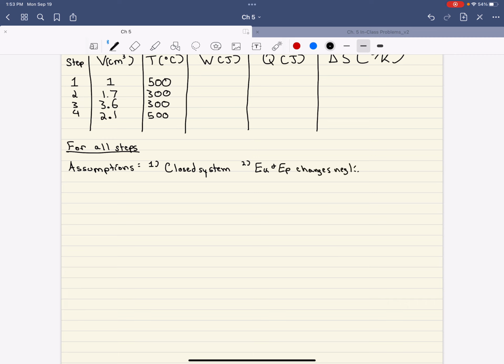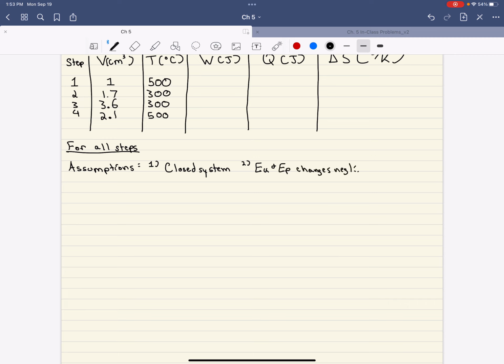In this problem, we're dealing with an ideal gas. And also, since it's a Carnot cycle, all the steps are going to be reversible. And so that means that in our entropy balance, the entropy generated is going to be equal to 0.